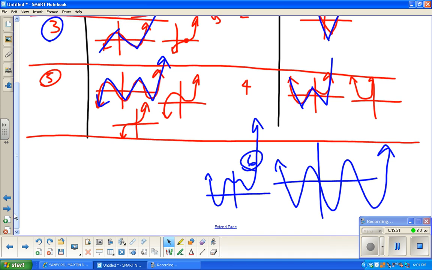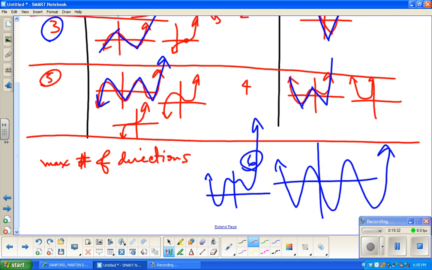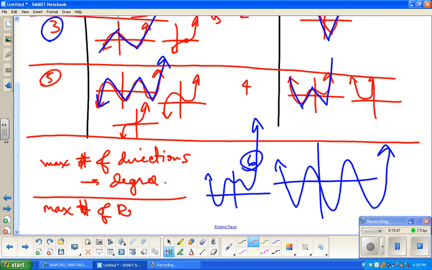So here's the deal. The maximum number of directions, for lack of a better term, would be whatever the degree is. That's really useful, and also worth noting, the maximum number of real zeros is also the degree.